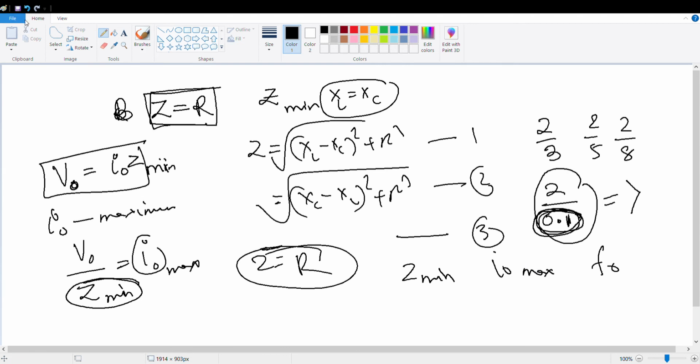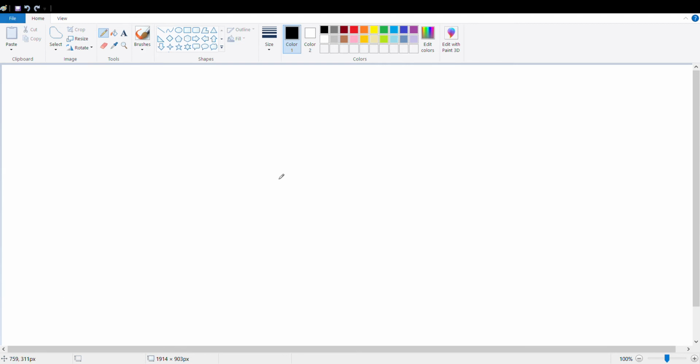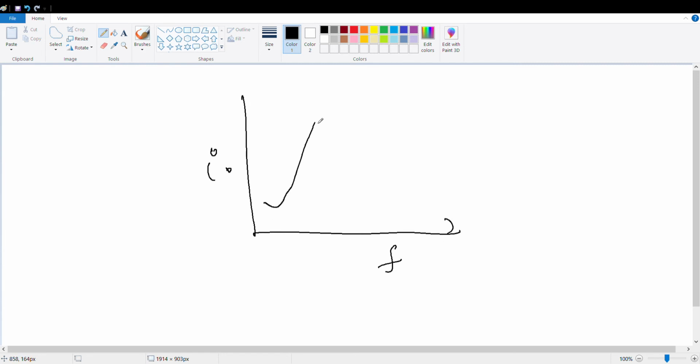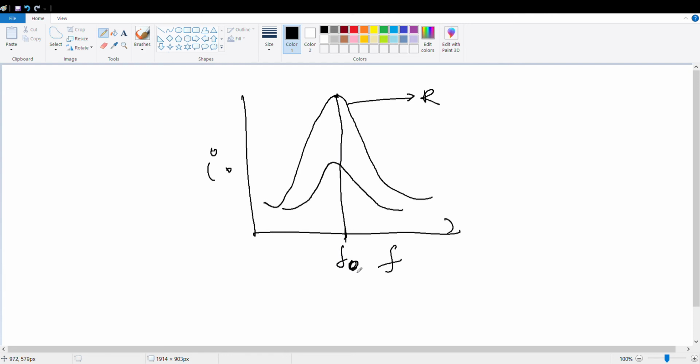So if you plot a graph between frequency and I naught, this is the R. At Z equal to R, your frequency is F naught. That means maximum current flows at F naught.